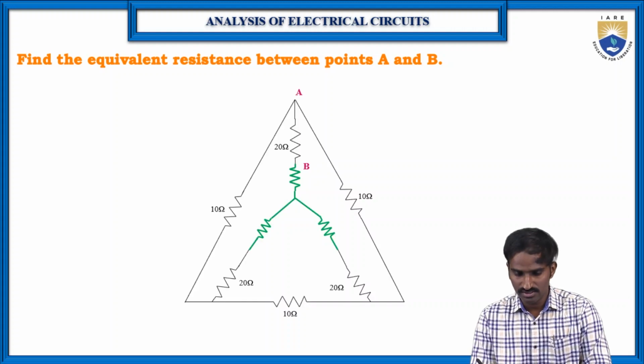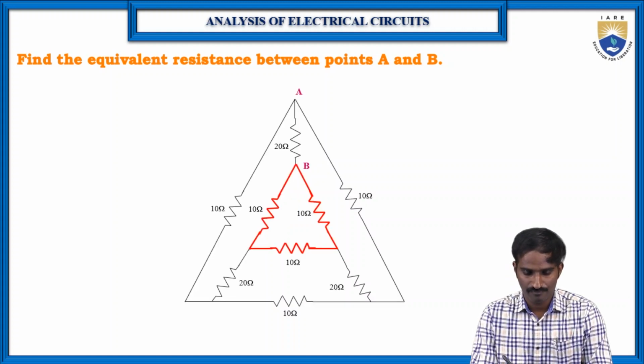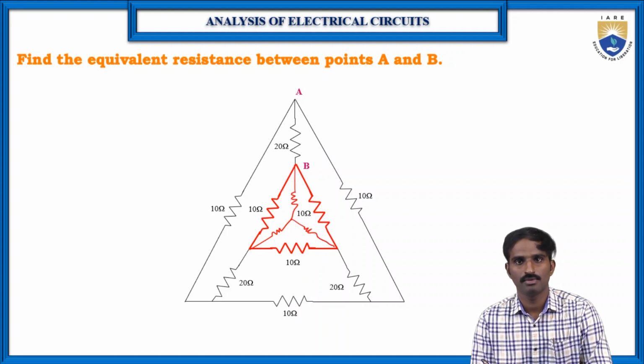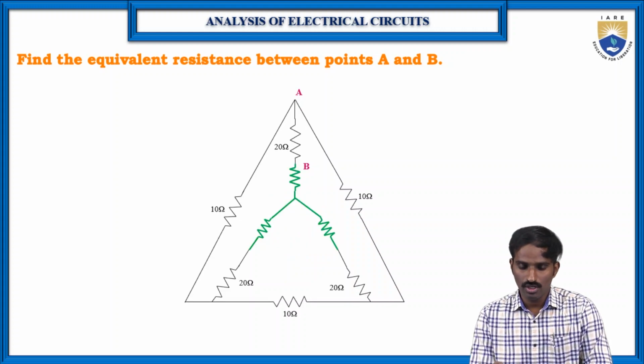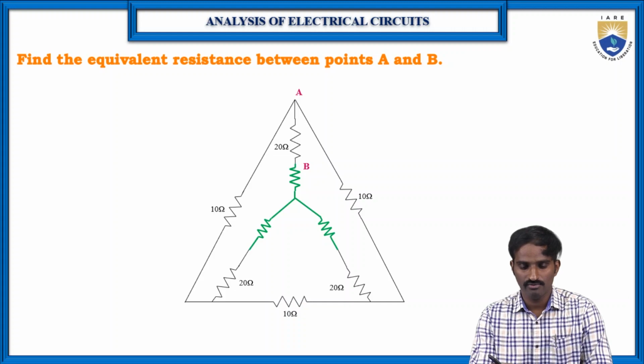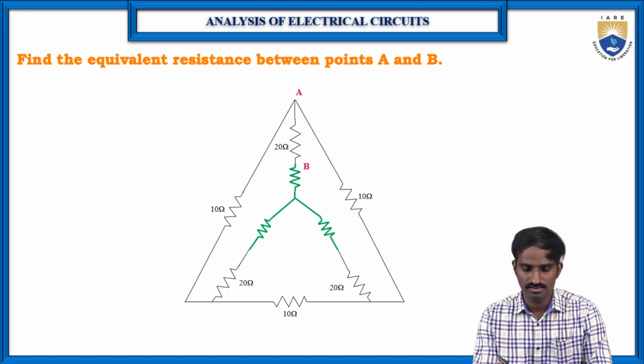Now you can easily check whether any two resistors can be identified as series or parallel. Yes, of course, these 20 ohms and this resistor are in series, so we can replace them with one resistor.